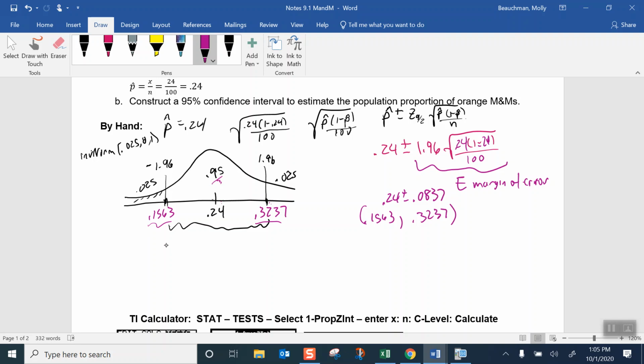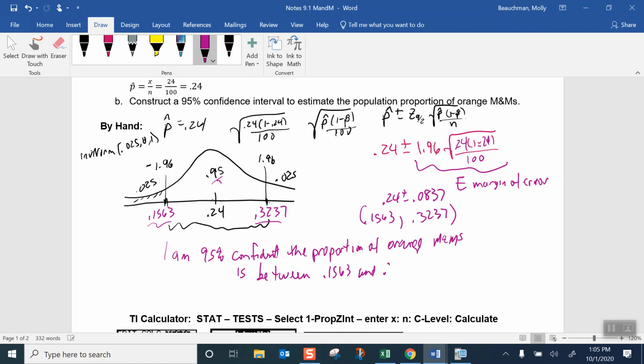So my interpretation is I am 95% confident that the proportion of orange M&Ms is between 0.1563 and 0.3237.